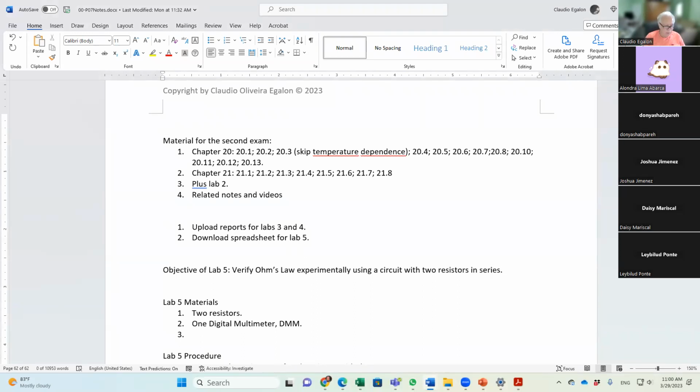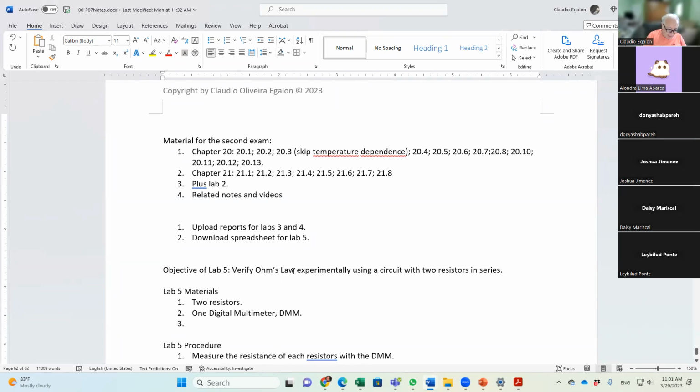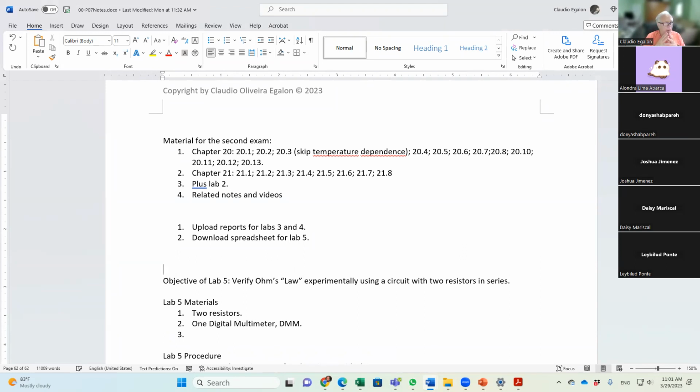That's the idea. And let's not forget, this is not an actual law. There are lots of things that we call law that are not laws in reality. Remember, there are very few laws in physics.